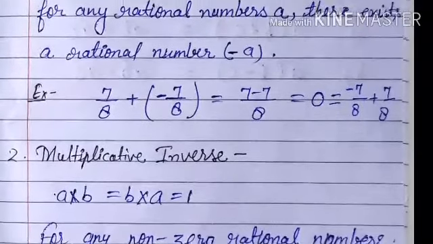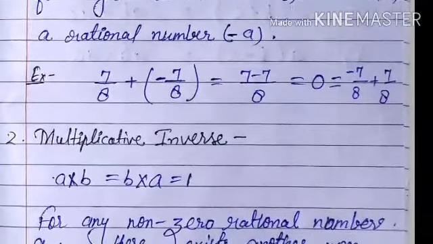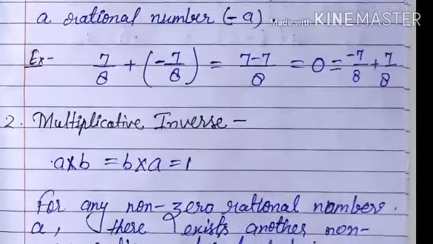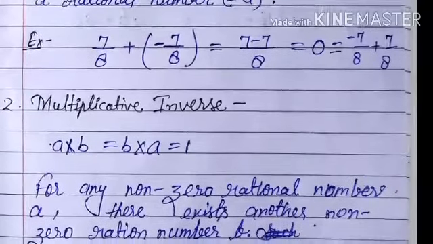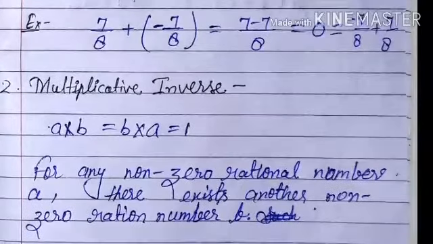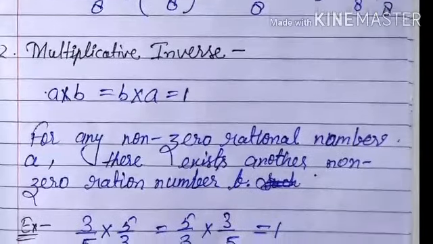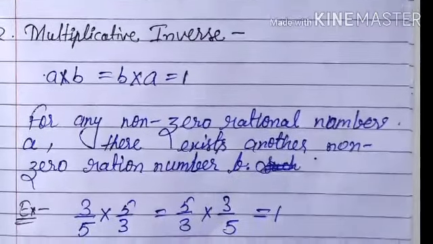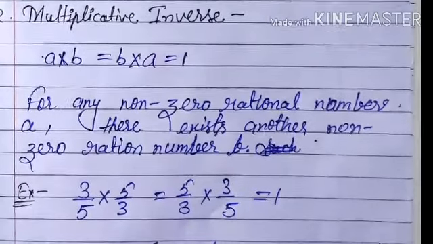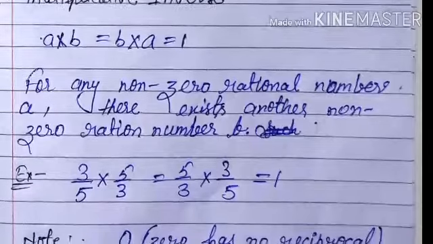Next is multiplicative inverse. This is also so simple. You just find another rational number such that the multiplication is equal to 1. For example, 3 upon 5 is the multiplicative inverse of 5 upon 3, but remember 0 has no reciprocal.